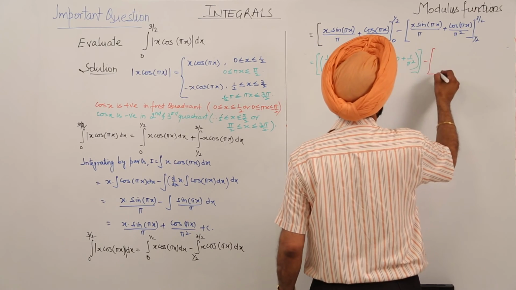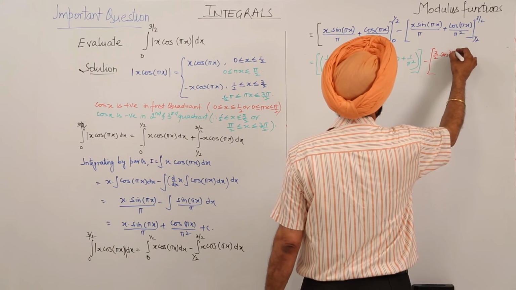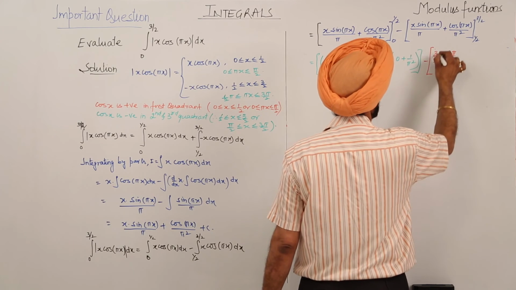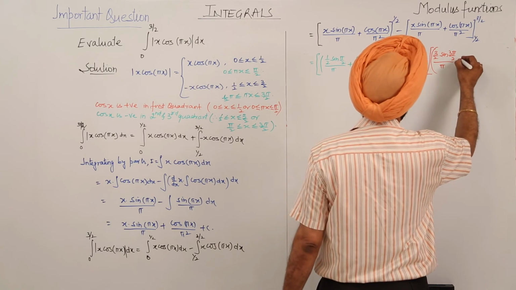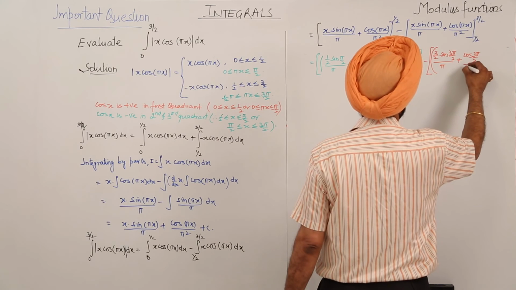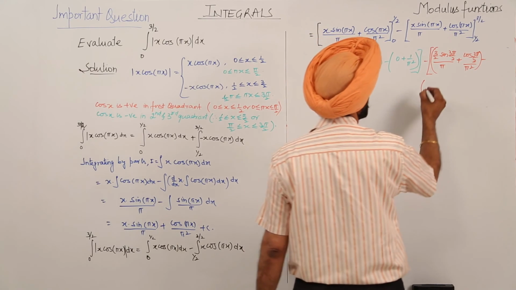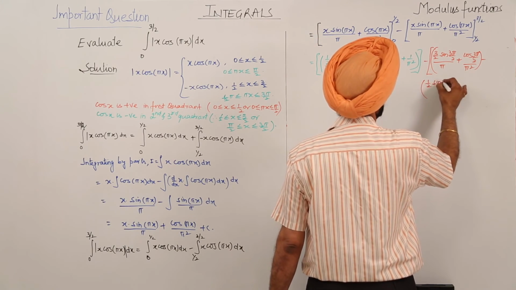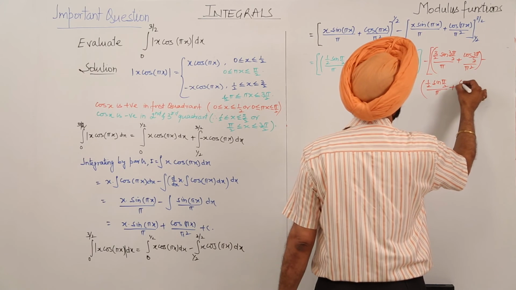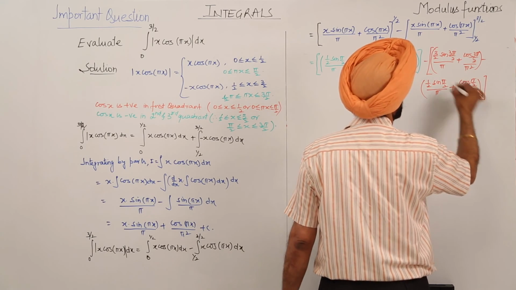Minus, now this part, 3/2 sin 3 pi/2 upon pi plus cos 3 pi/2 upon pi square, minus, now minus, 1/2 sin pi/2 upon pi plus cos pi/2 upon pi square. Is it clear?